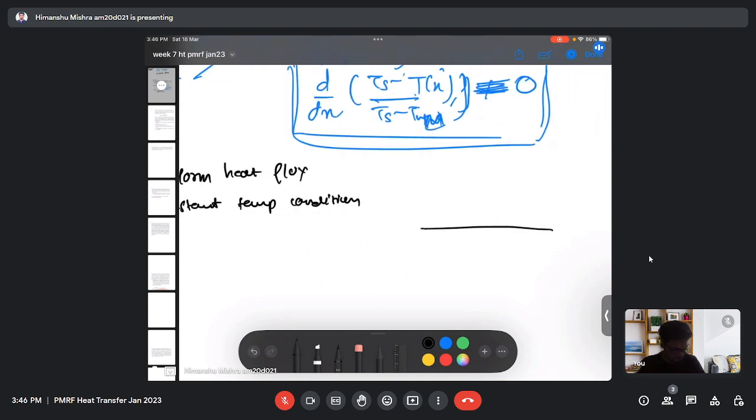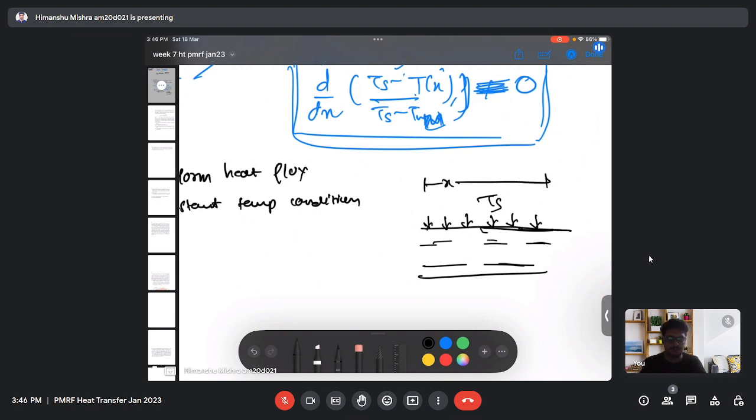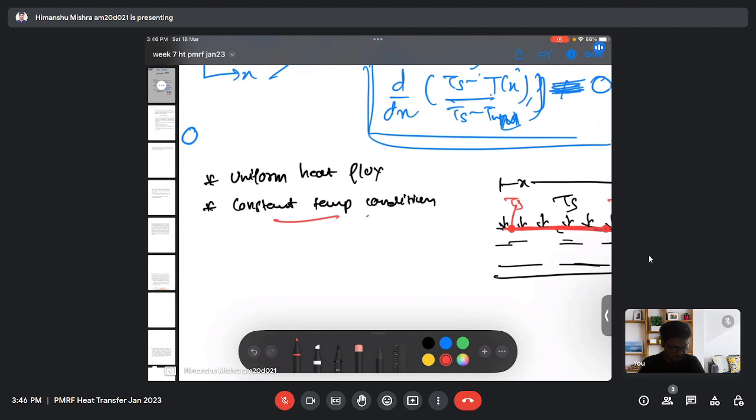In the constant temperature condition, there will be a heat transfer from the surface of the pipe to the interior of the pipe, and the temperature at all values of x will be constant. So temperature Ts at this point will be equal to Ts at this point and this point. So everywhere along the x direction, my surface temperature will be the same, and this is my constant temperature condition.